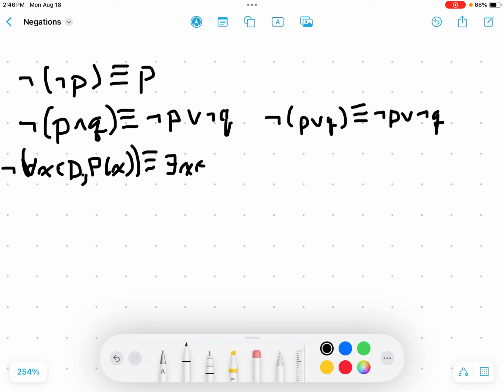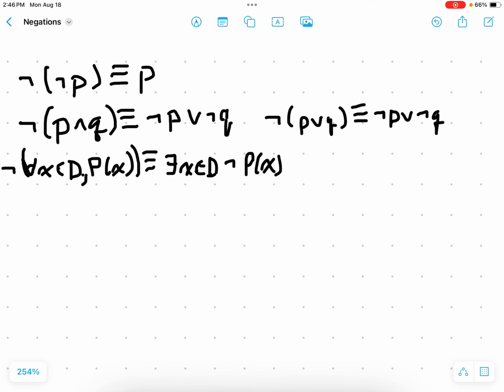X still gets to be in the same domain that we're considering, but we would put a negation in front of the P of X. So this is sort of saying, if it's not the case that for every X in D, P of X is true, then there would be at least one X that makes P of X not true.